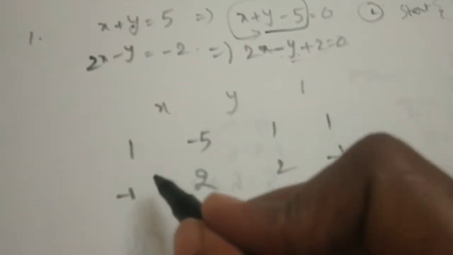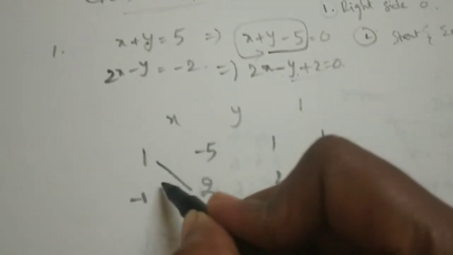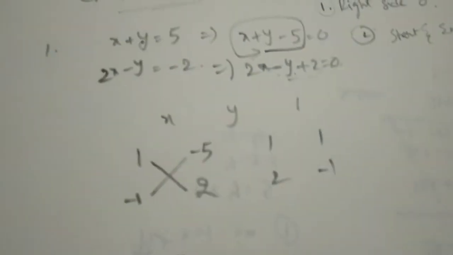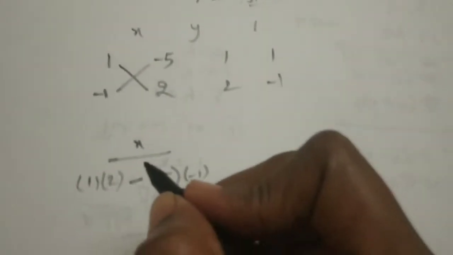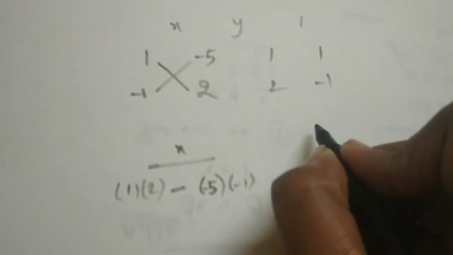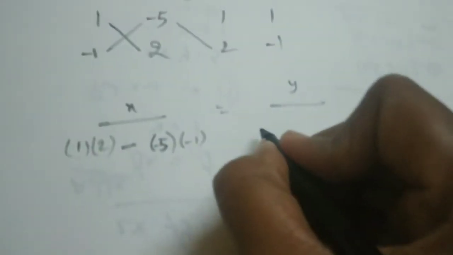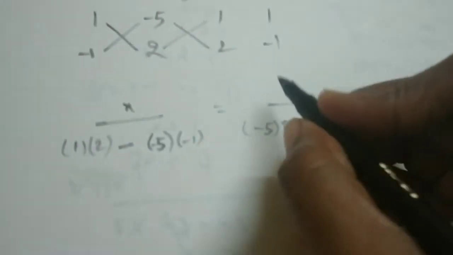Now see carefully. For the x term, I am writing x by cross multiplication. So you should cross multiply these two numbers: 1 into 2. Here also minus 5 into minus 1. In the middle of those two products, you should take minus. Same here, for the y coefficient: minus 5 into 2, and here also 1 into 2.